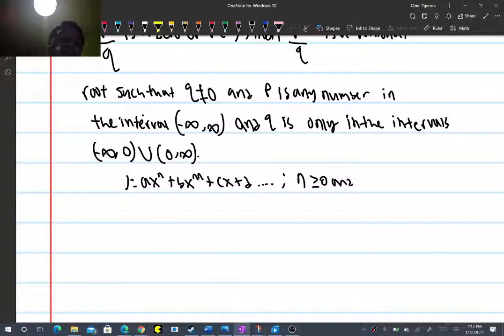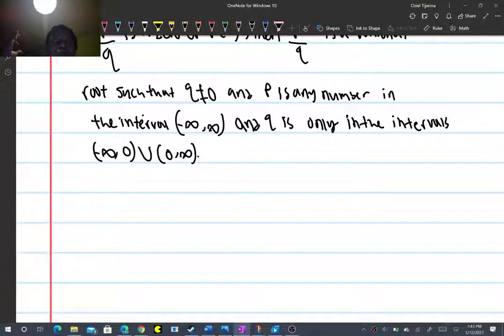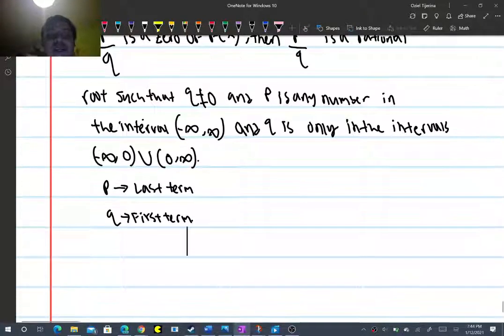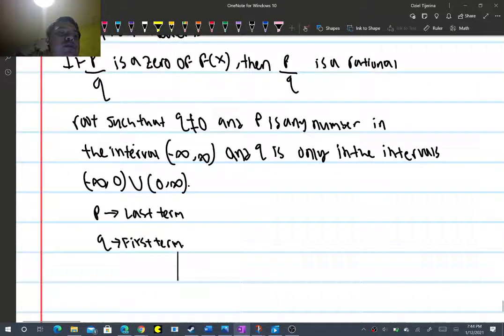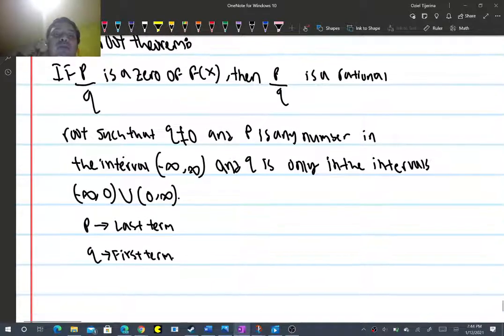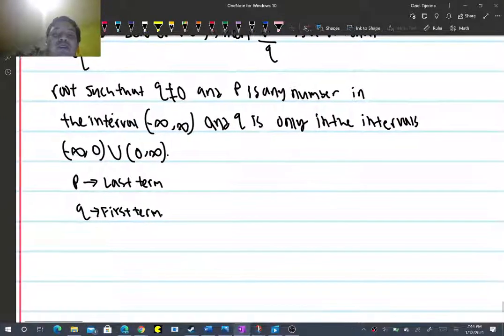Basically what this is saying is that we can have any rational root.